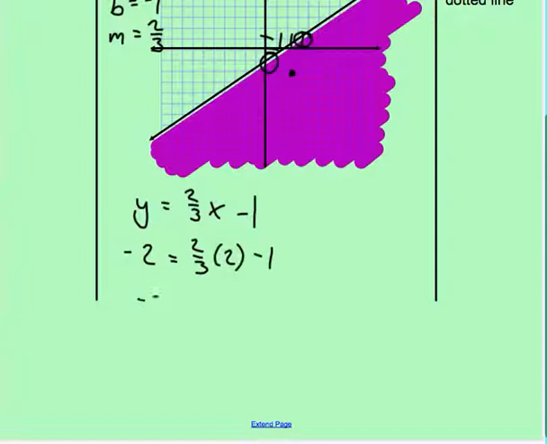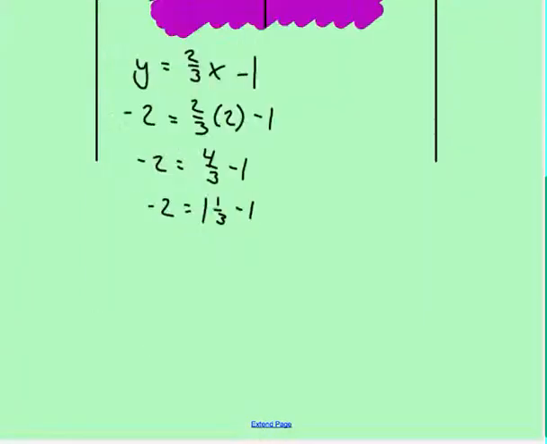So we get -2. 2/3 times 2 is 4/3, or 1 1/3. So we get 1 1/3 minus 1, which is 1/3. Well, -2 doesn't equal 1/3, so now what I'm going to do is go back and replace my equal signs with the inequality that makes it true.